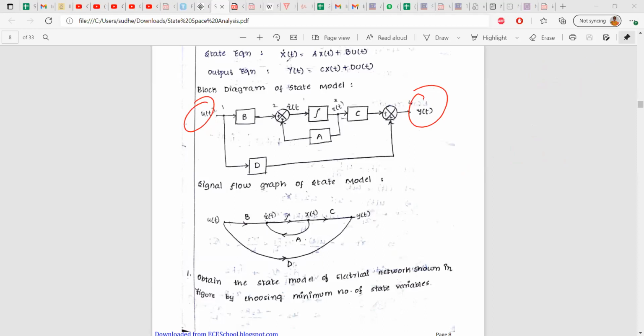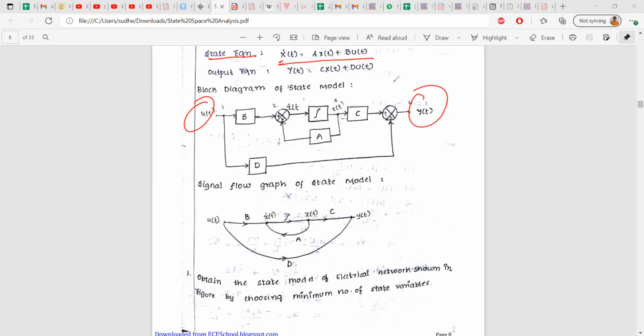What is the first vector? State equation. What is the state equation? Read it. X dot of t equal to ax of t plus bu of t.